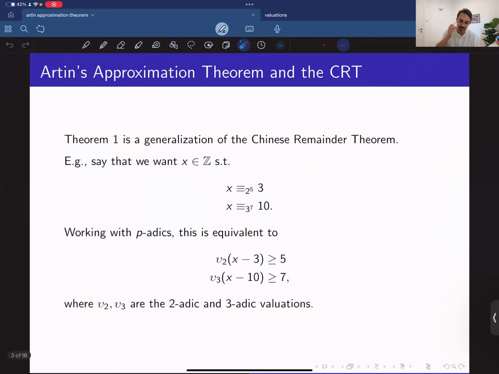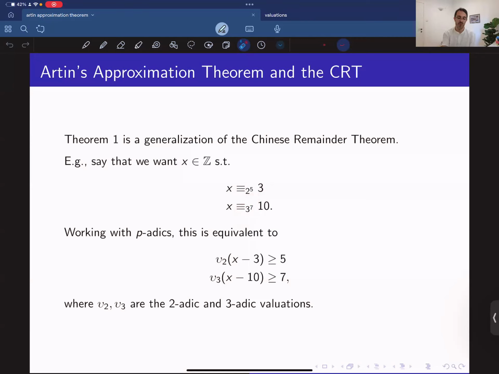And as an example, and this example also hints about the relation of this theorem to the Chinese remainder theorem, which you may have thought is somewhat relevant. Indeed, let's say that you want to find an integer x that has residue 3 when you mod out by 2 to the 5th, and 10 when you look at 3 to the power 7.